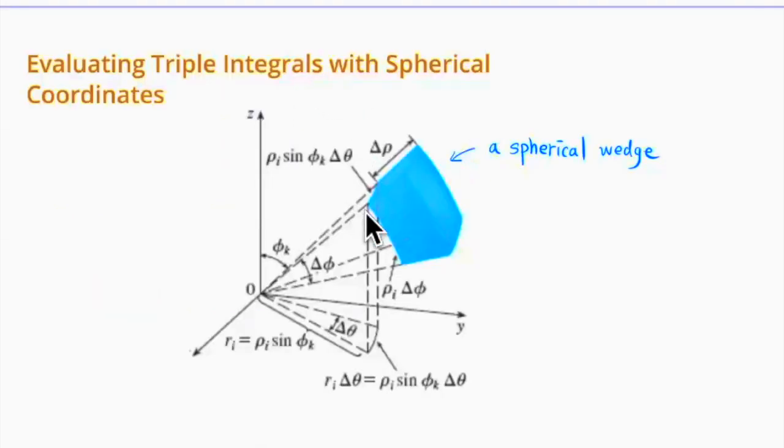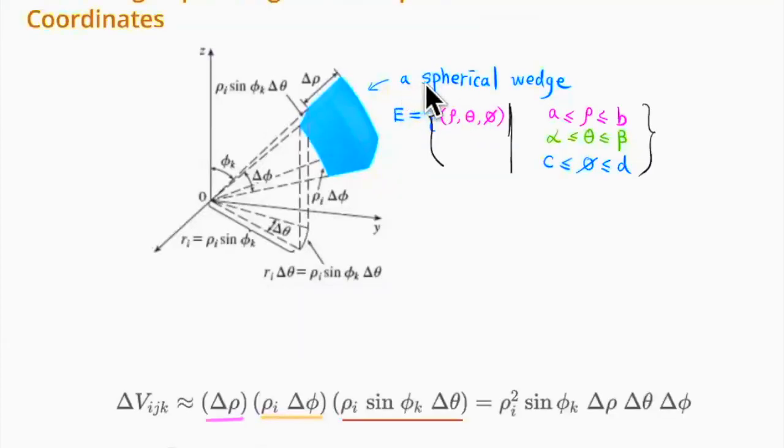In spherical coordinates, the counterpart of a rectangular box is a spherical wedge. This spherical wedge can be described by this set here, where rho is between A and B, theta between alpha and beta, and phi between C and D, where A here has to be a non-negative number, and the difference beta minus alpha is less than or equal to 2 pi.